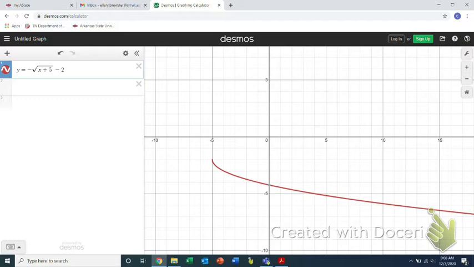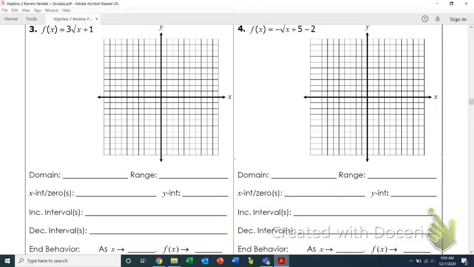It shows us that our graph starts at -5, -2. And we have a y-intercept at -4.236. So I'm going to sketch this graph. 1, 2, 3, 4, 5. Oh, that's kind of bad.